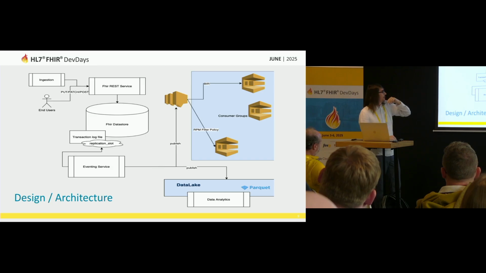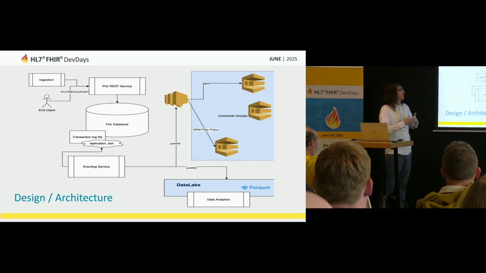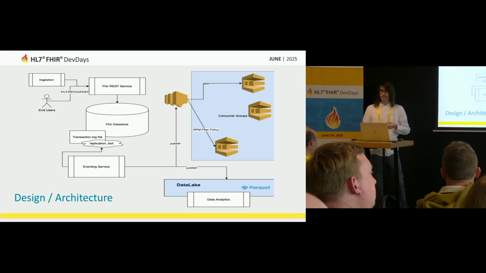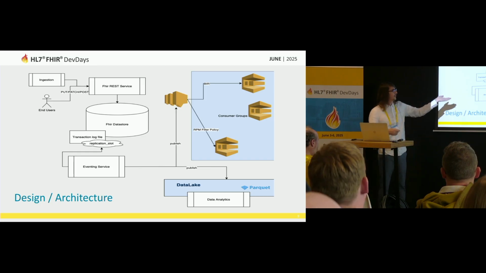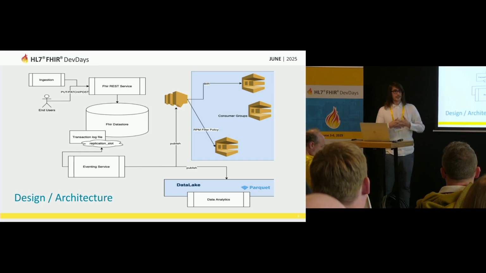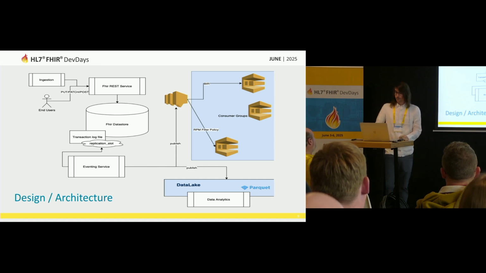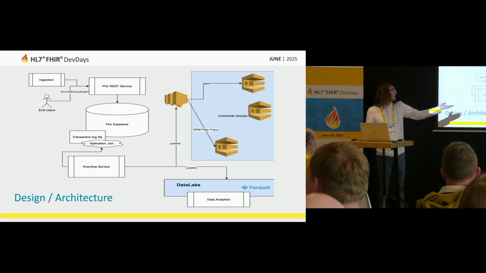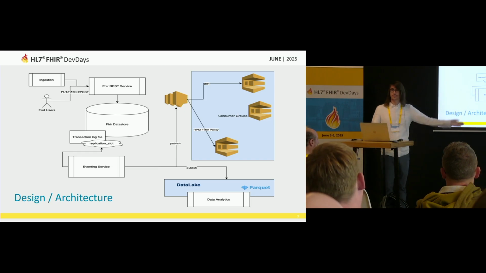Into our FHIR data store, which is over Postgres. Postgres itself has a buffer that reads to the transaction log and has replication slots. And we have an eventing service that only listens to that replication slot, takes all of the FHIR resources themselves and publishes them out in the well-formed format that we defined, or the raw resource into our data lake, with Parquet and Apache Iceberg. It seems to take the cake for doing data analytics on top.